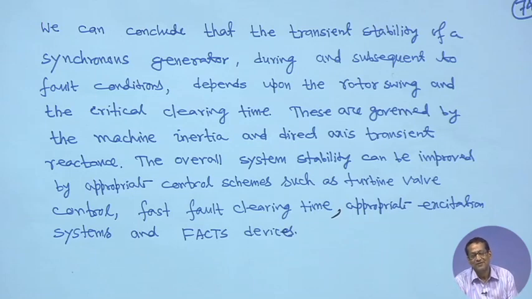Then a little bit we have tried to understand regarding dynamic or small signal stability, that is due to small system disturbances, and finally transient stability for a single machine infinite bus system, that is for large disturbances. And we have also defined in this topic what an infinite bus is, and tried to obtain the critical clearing time.